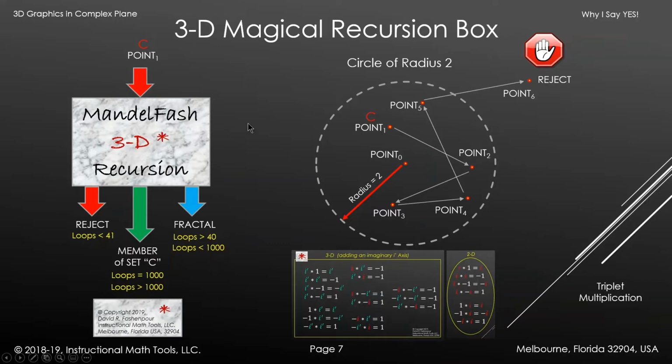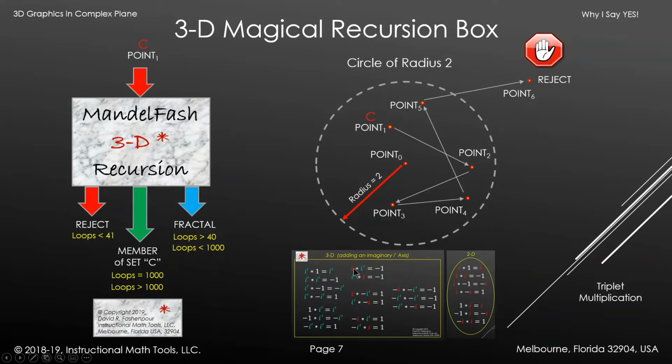Now, what is the difference between a 2D and a 3D? In 3D, you need commutative identities, and I have copyrighted this set right here to say that if you're going to do some multiplication of triplets within this 3D recursion, you need some identities, and here is the set of identities, just like the ones we needed for 2D.